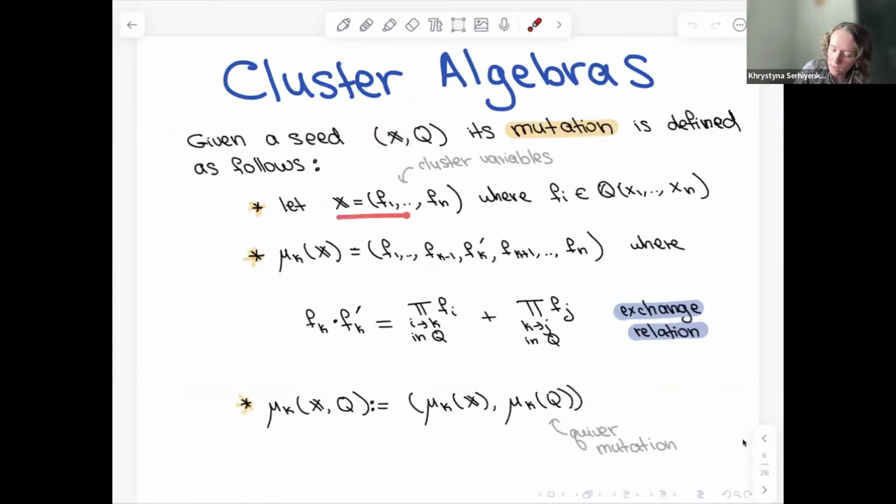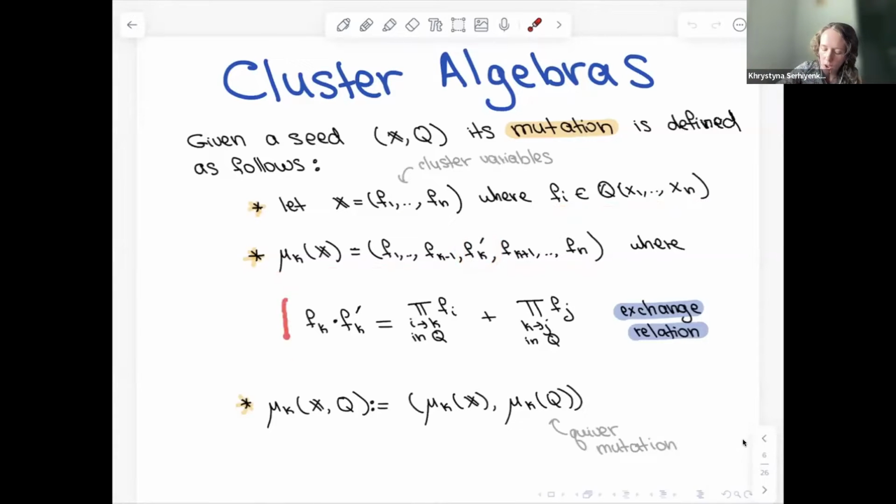I start with this x, which is some collection of variables f1 through fn, where these fi's are in the field of rational functions in the initial variables x1 through xn. The mutation gives me a new collection of cluster variables where most of them are still the same, except the one in position k changes. I denote it by fk prime. Only the one in position k changes because I'm mutating at position k.